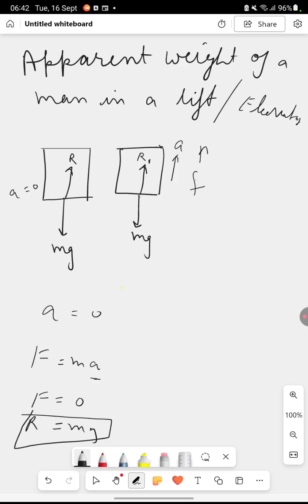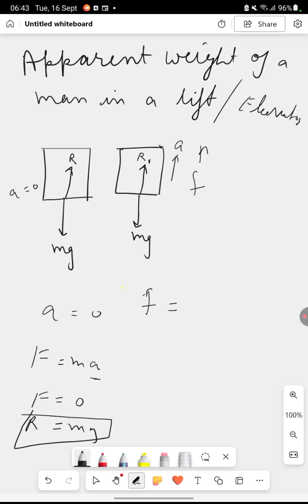From here we can say the force that is making this lift move upward is F. F is the resultant of R1 and mg, and the lift is moving in the upward direction.